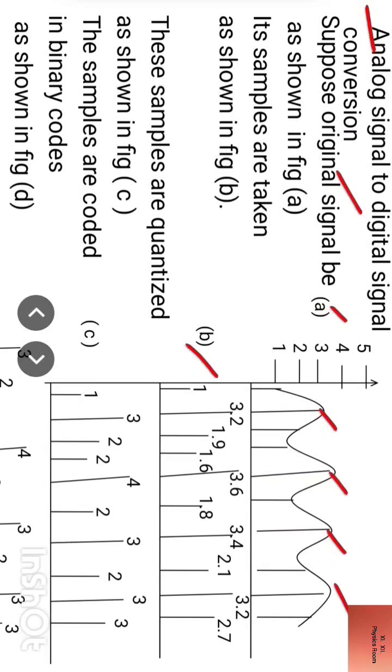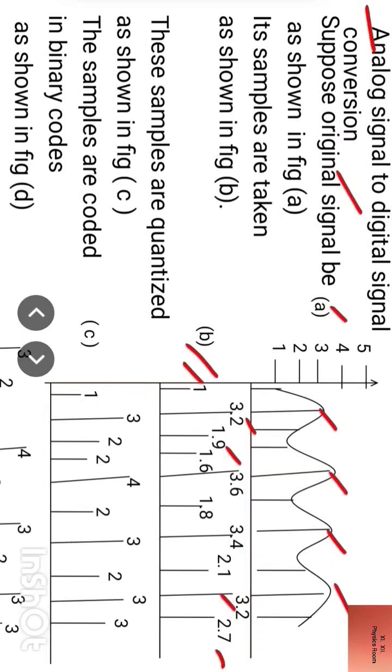Suppose here we take it as 1, here it is 3.2, here it is 1.9, and so on. Here it is 2.7, and here it is 3.2, and so on.